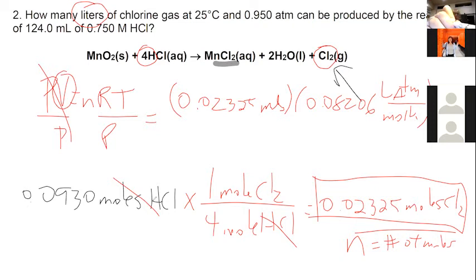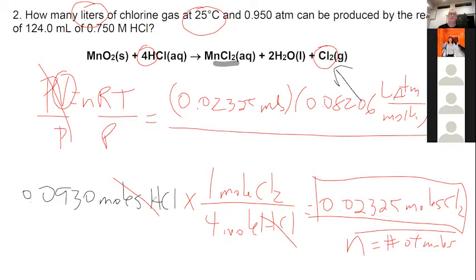What's the temperature going to be? 298 Kelvin. We add 273.15, so it's going to be 298.15 Kelvin. Then we divide the whole thing by the pressure, 0.950 atmospheres.